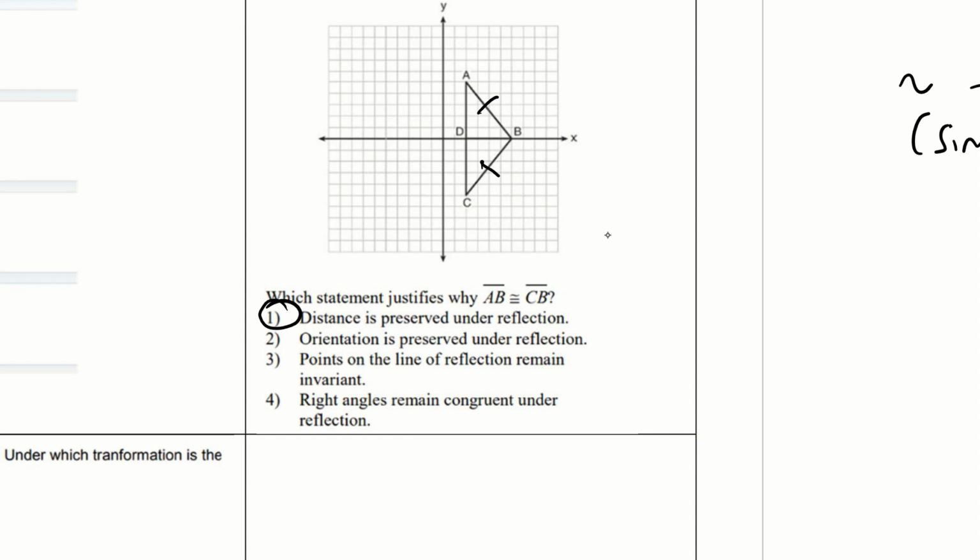Orientation is not preserved, meaning the direction does change. However, the distance is preserved. For 3 and 4, the right angle remains congruent under reflection, but this is not the reason why these are congruent. So neither of the rest of them are the answer. The best answer here is number 1.